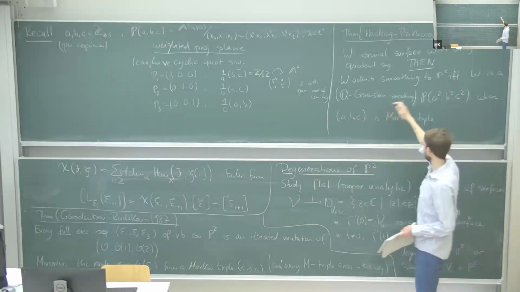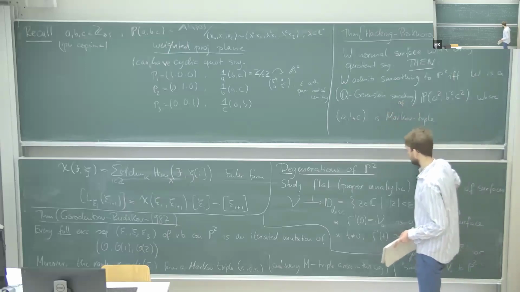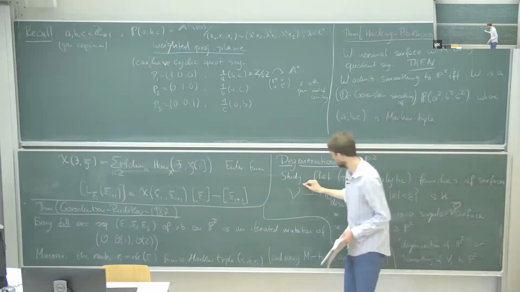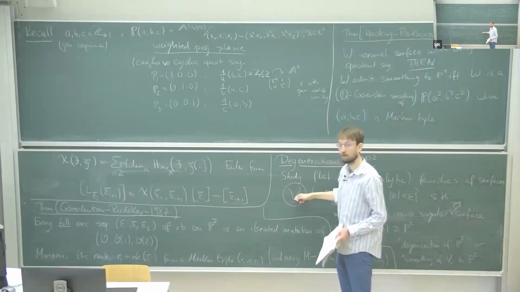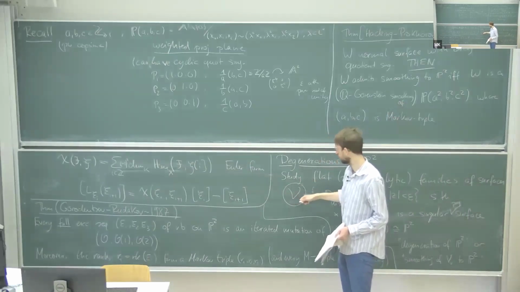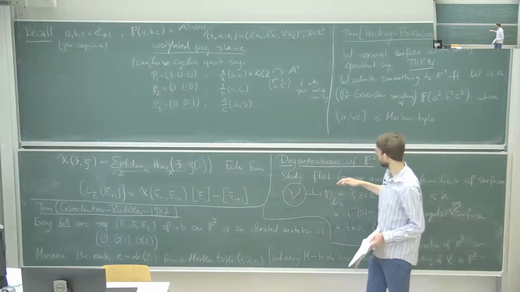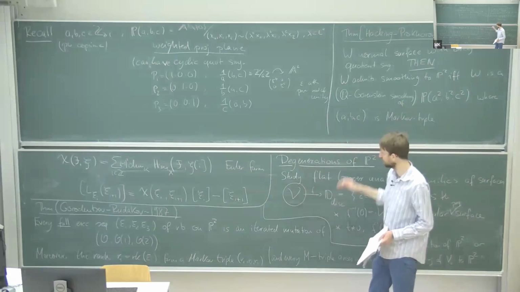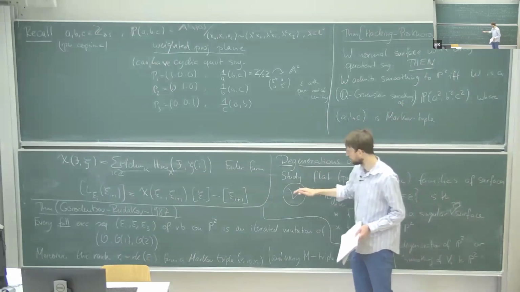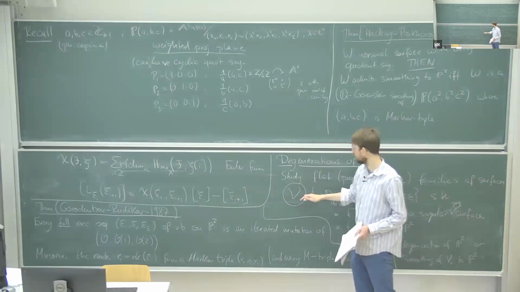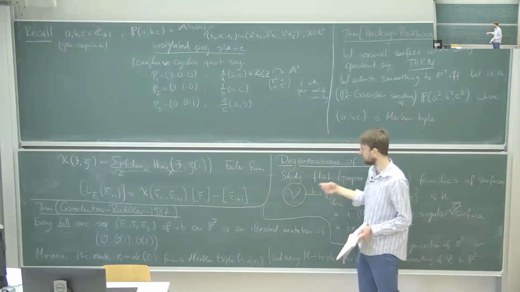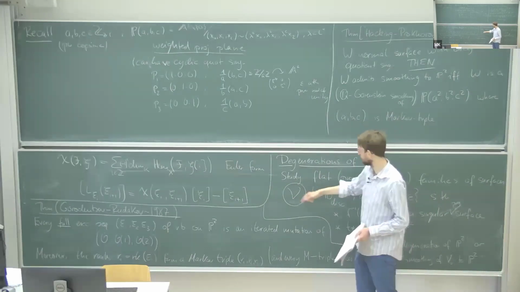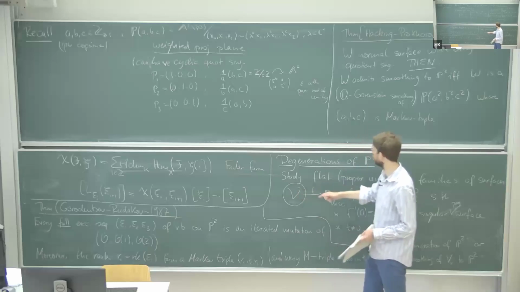What does Q-Gorenstein smoothing mean? If we have this family here, this V is a threefold, and we want this threefold to be Q-Gorenstein, and that means that the canonical class, if we multiply it with some integer, we can turn it into a Cartier divisor.